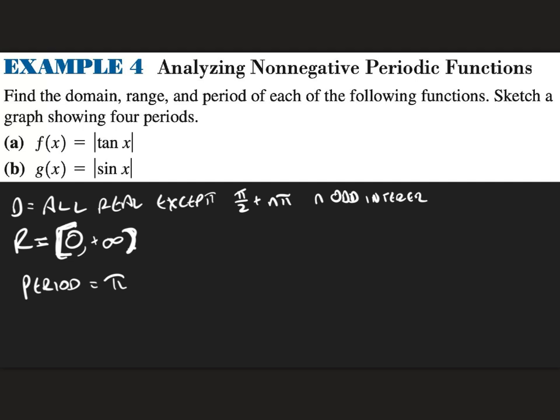To sketch a graph, you take your calculator. So this is what it looked like normally to pi over 2. That's pi over 2. But instead of starting low, we start high and come down to 0 and then go back up to 3 pi over 2.